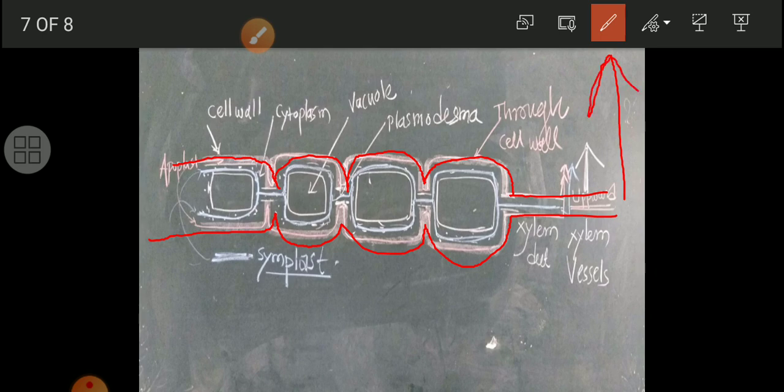In symplast, definitely water passes in this direction, through the living cells, and then it comes into the xylem duct, then into the xylem vessels, and then upward movement of water takes place.